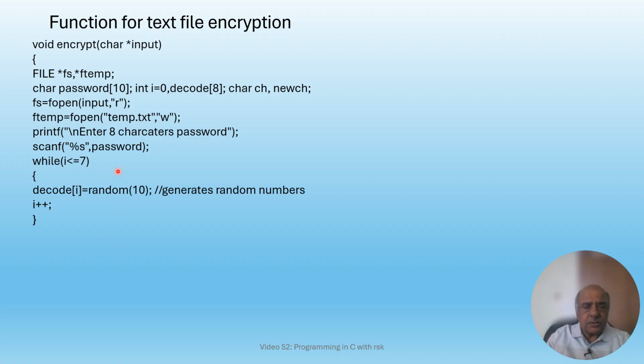Then there is a decode array of characters which we initialize with the random numbers generated by the function random. The numbers will be between 0 and 9, and decode will now contain the ASCII values of the numbers that will be generated by the random function.